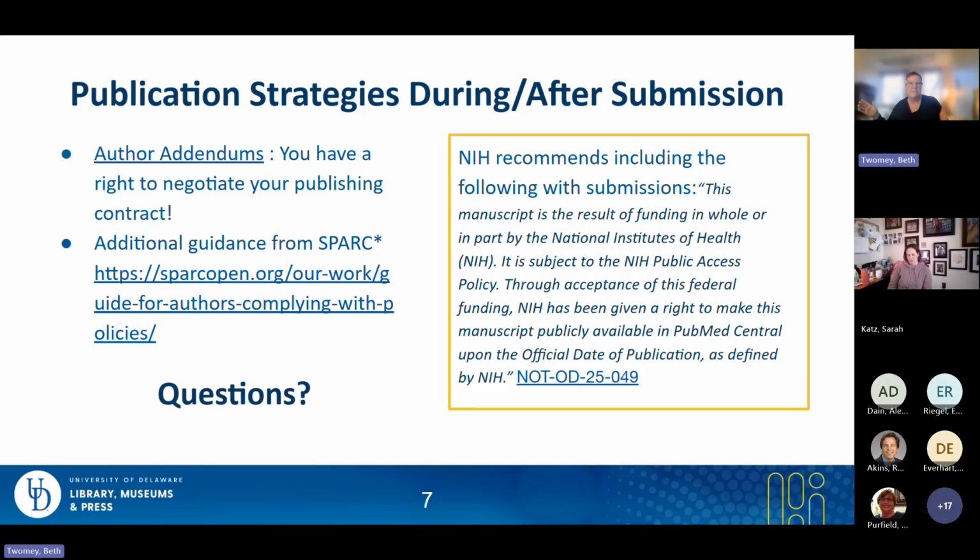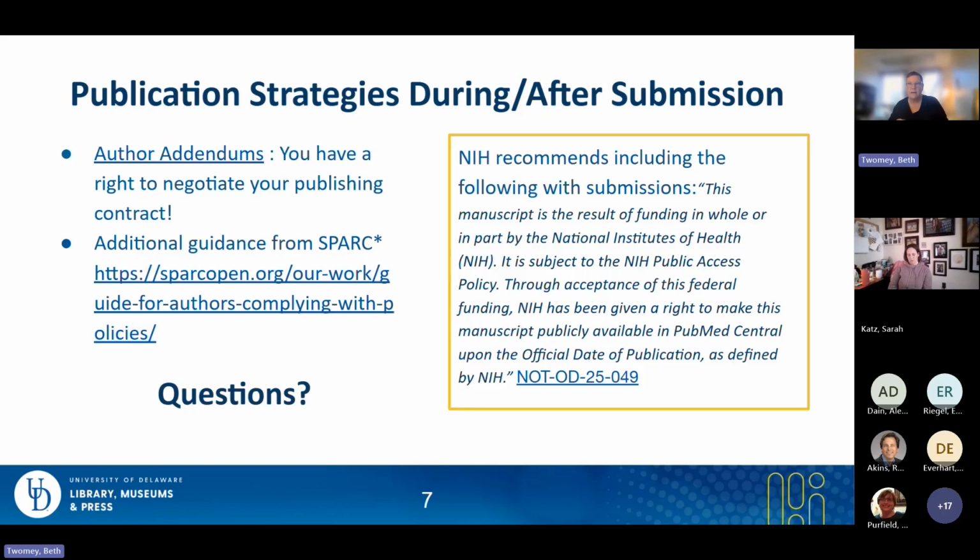Most publishers have ignored it or have not followed up, but calling out the American Chemical Society again, they are tracking people down and sending bills to those who have tried that. That was reported by SPARC. That is information they acquired recently from people. So I do recommend looking at the SPARC guidance as well.